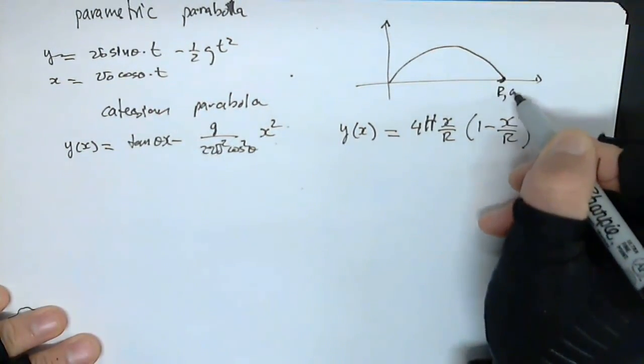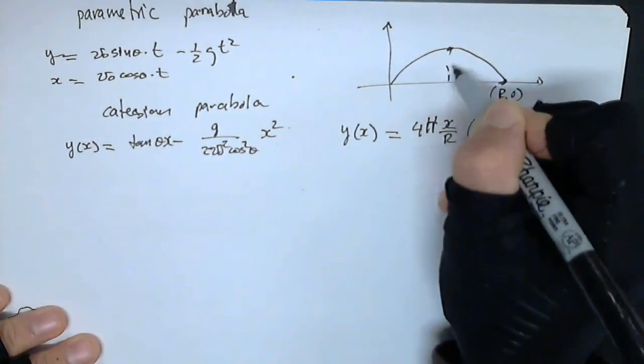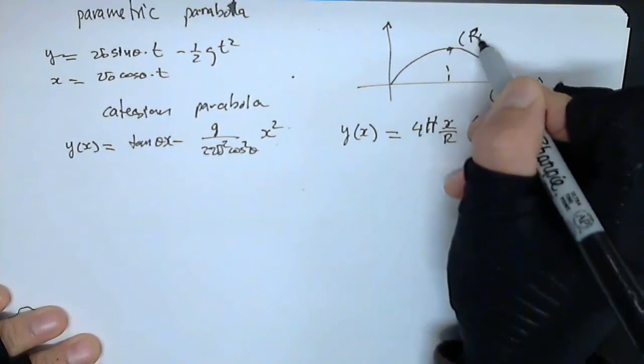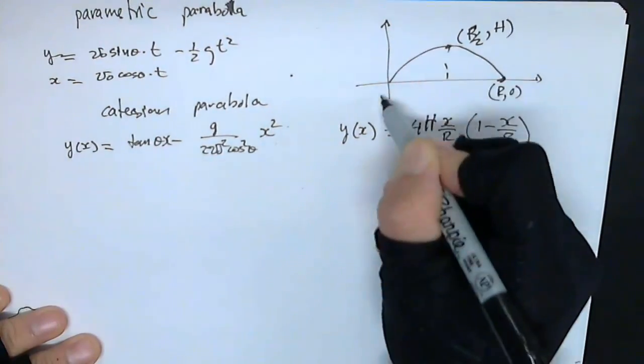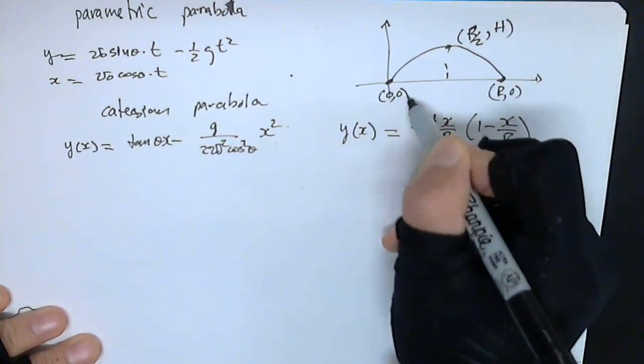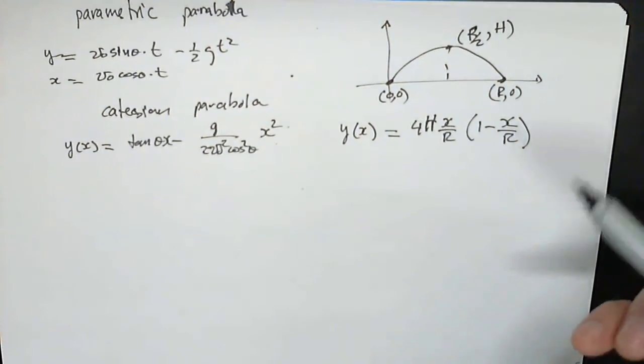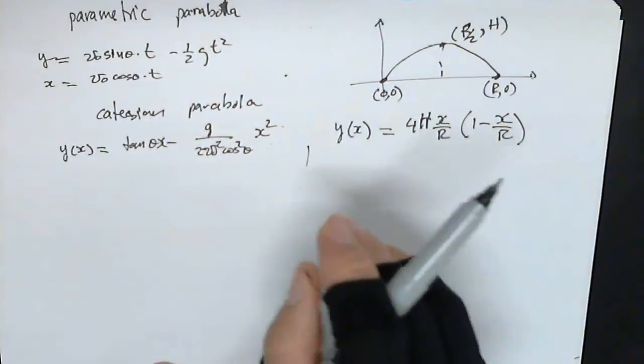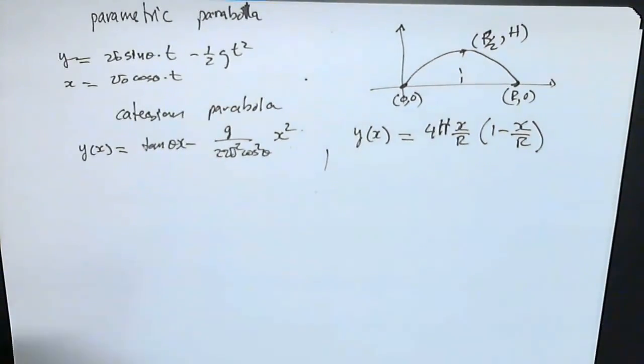Remember, this is r, 0, this is r over 2, h, and very important, this is 0, 0. If you have the calculator, nowadays you can plot this in parametric right away.